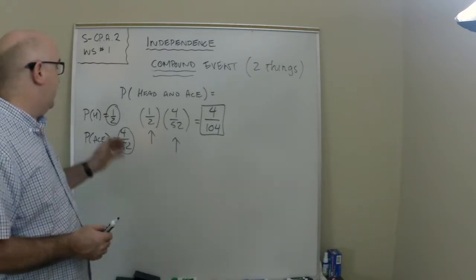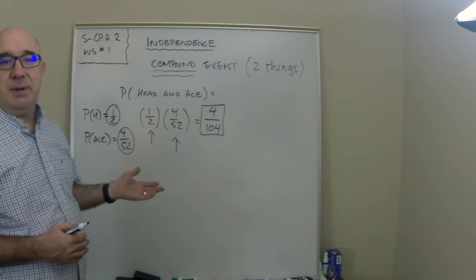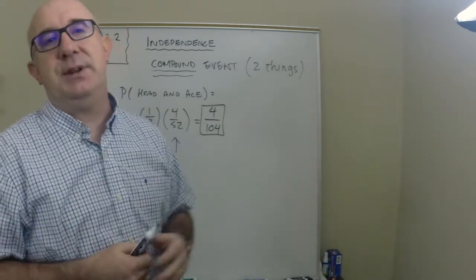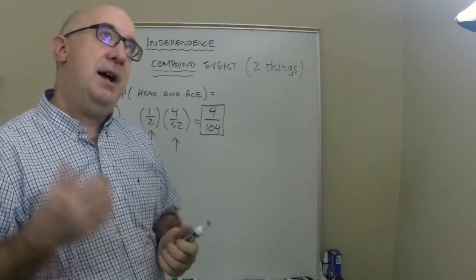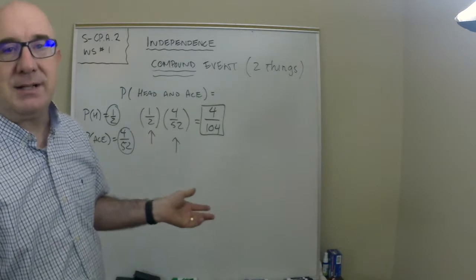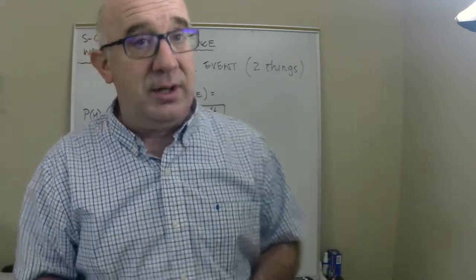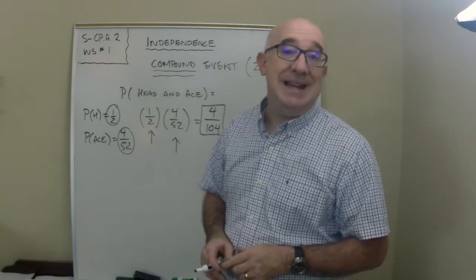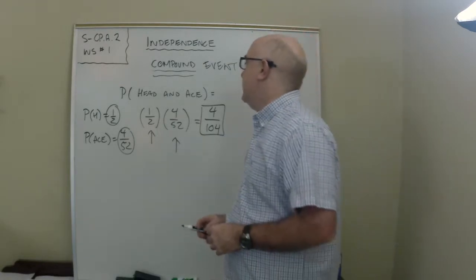And ultimately, I think you get that flipping a head and picking an ace have nothing to do with each other. So in other words, if I knew that a head had been flipped, it wouldn't impact my choice of an ace at all, and the probabilities stay the same. This would be a good example of independent relationships.